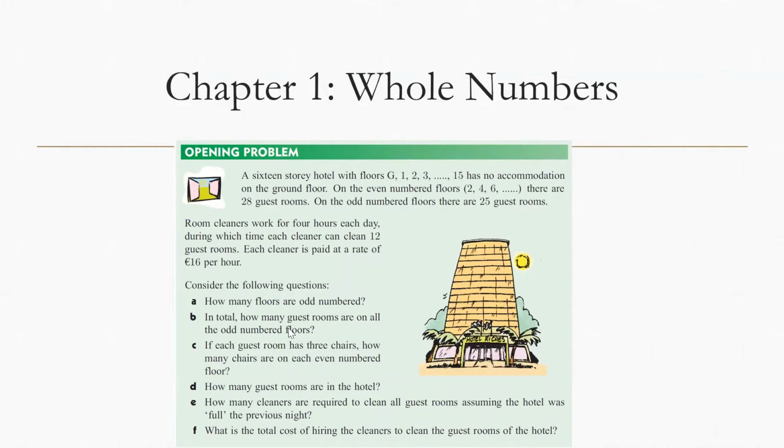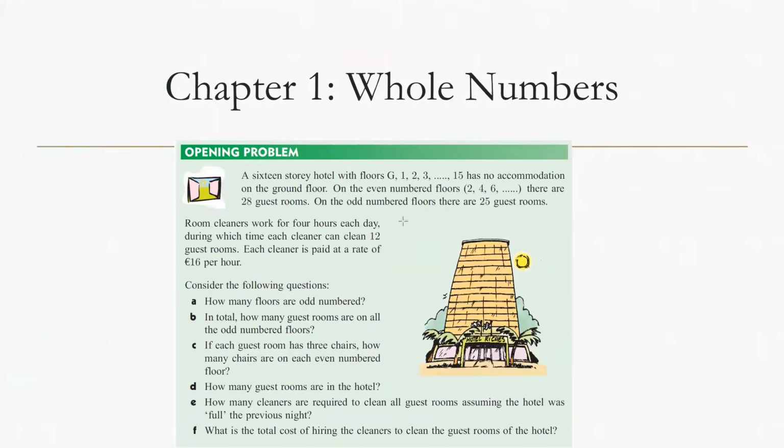Okay, so in total, how many guest rooms are on all the odd number floors? Not sure yet. Okay, well, let's look at what information we need to identify to answer this question, right?